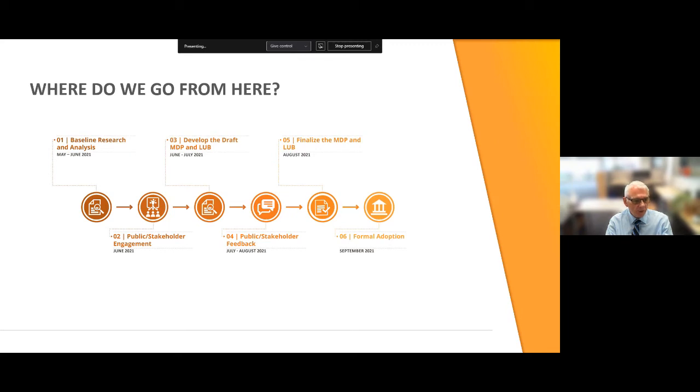Then we'll present those back out to the public and to stakeholders, where we'll listen to your feedback, make the changes that need to be made to the MDP and the land use bylaw in August. And then those drafts will then be presented to council as bylaws, ready for the public hearing, where you once again will have an opportunity to speak to council and make your comments to council before council gives 3 readings to the bylaws and adopts them.